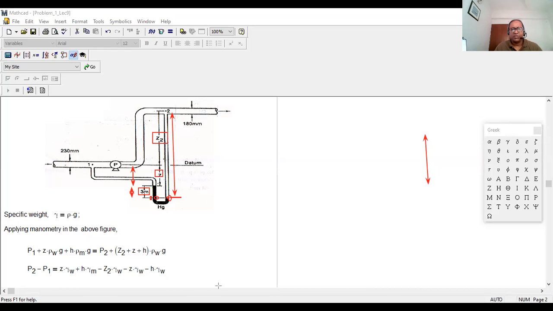And after you simplify, you see 2 terms will be out. This term and this term will be out. And you will have Z2 and you will have H.